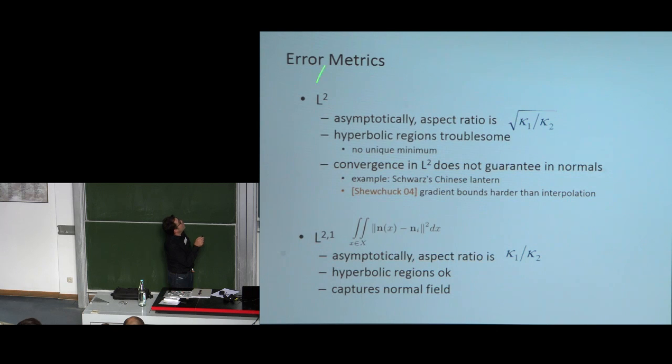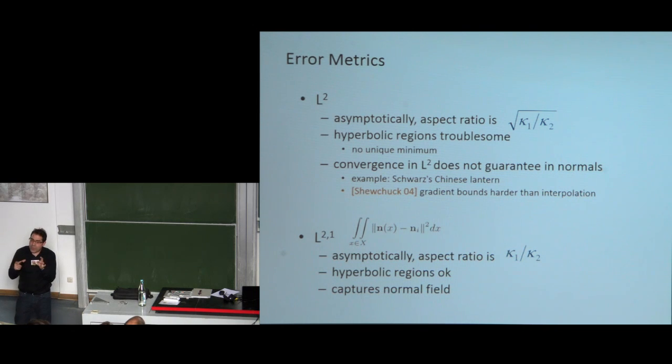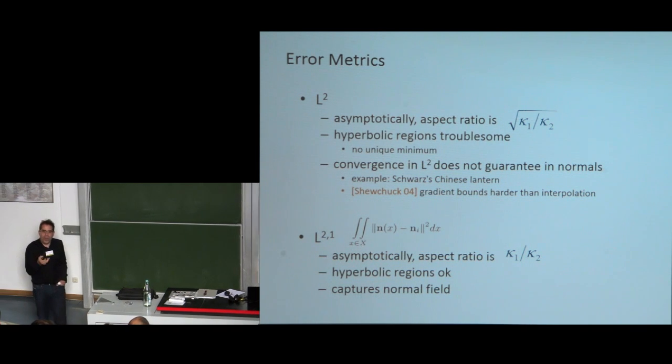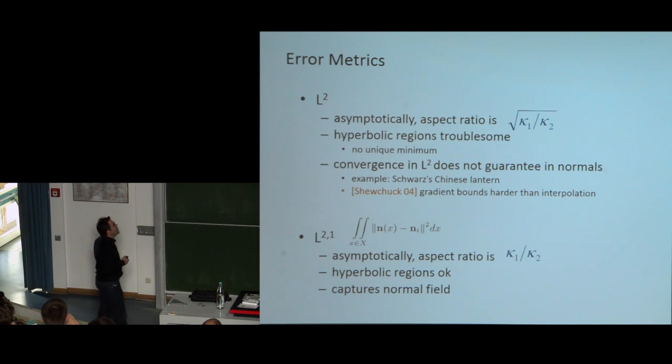So now, for L2, what we prove is that asymptotically the aspect ratio of each region in the partition will be shaped with an aspect ratio of the square root of kp1 over kp2, which are the principal curvatures. So this matches the theory of optimal approximation with piecewise linear elements.